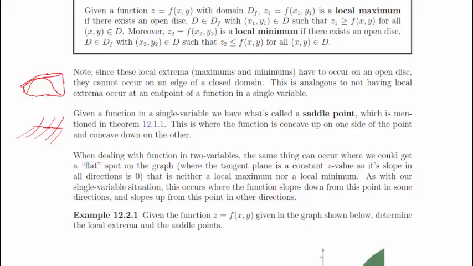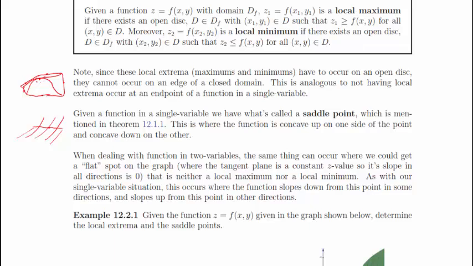We don't want a closed boundary. We need an open disk. So if I have the top of some hill, I can put an open disk around that point and see that within that disk, that is the highest z value that occurs within that open disk region.